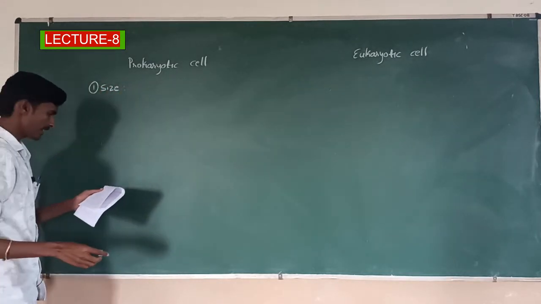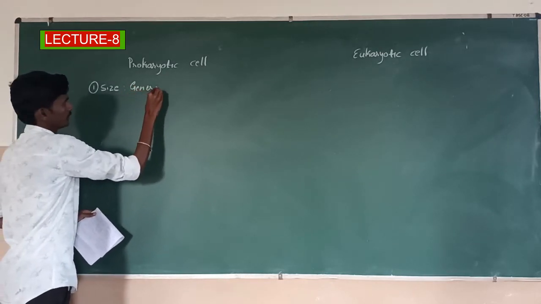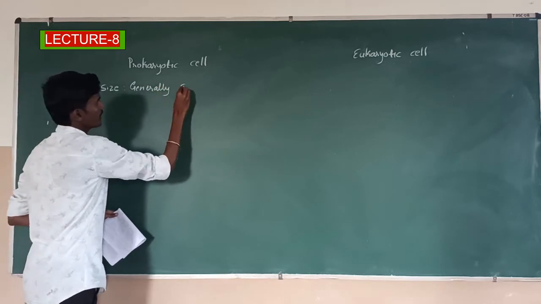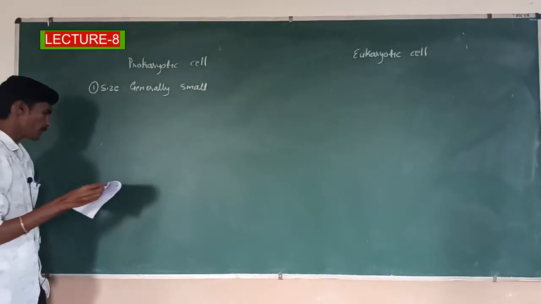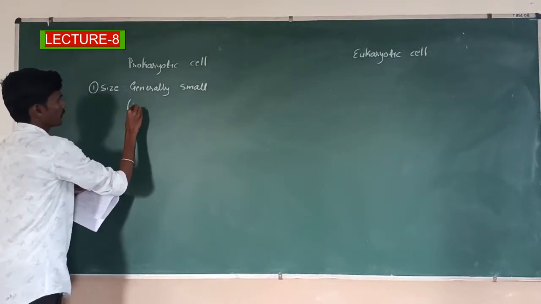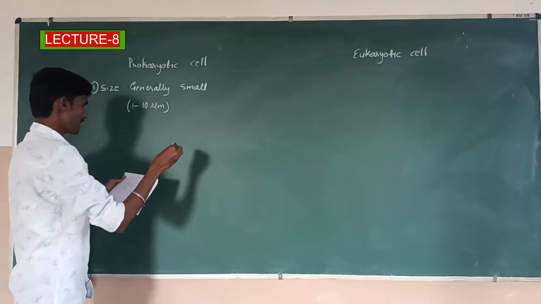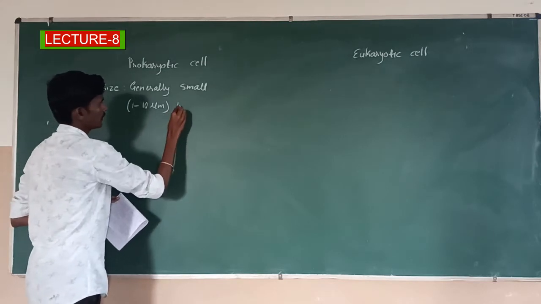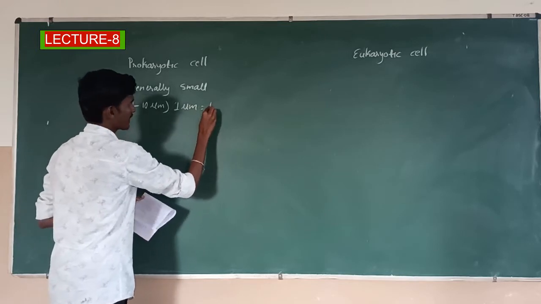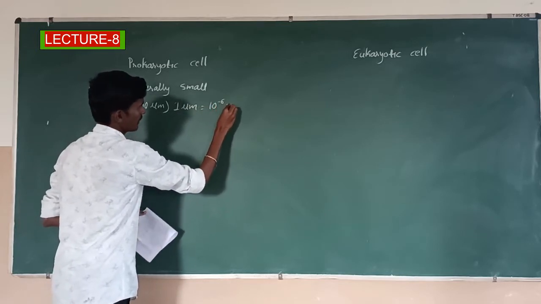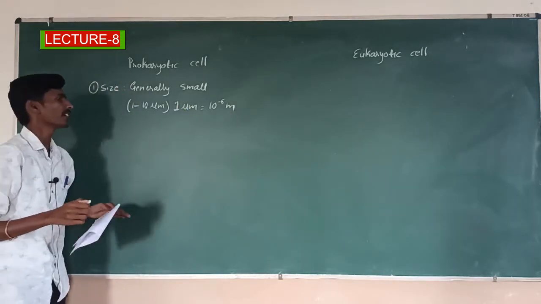Prokaryotic cells are generally small, about 1 to 10 micrometers. 1 micrometer equals 10 raised to minus 6 meter. The size of prokaryotic cells is generally small.